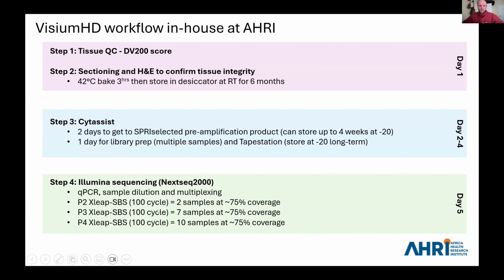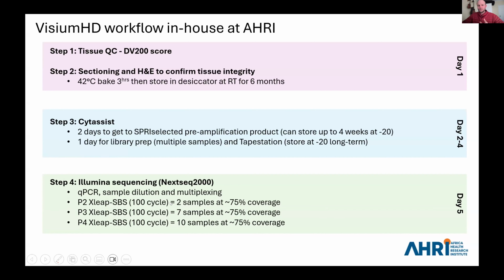In terms of the number of samples that you have to process, you can select different Illumina sequencing flow cell kits. You can select different flow cells, so either the P2, P3, or P4. And I've just included here roughly how many samples you'd be able to run.